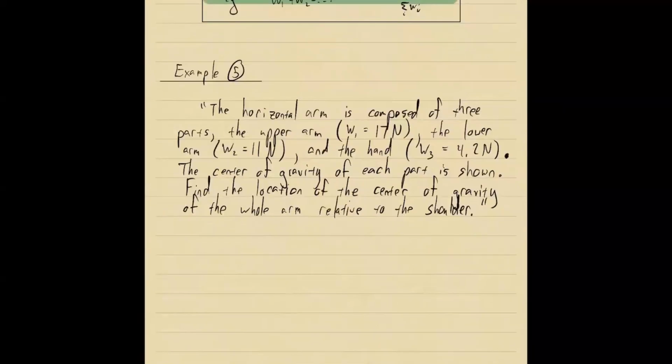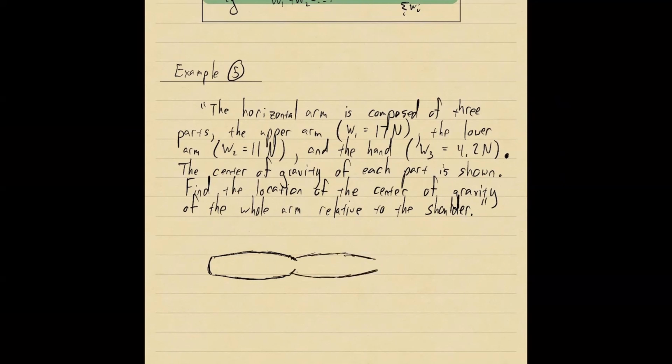Okay, so I'm going to do my best to draw an arm. Please bear with me. So this is the upper arm, I guess maybe like this or something. This is the lower arm. I know this doesn't look like any sort of appendage you've probably ever seen before.